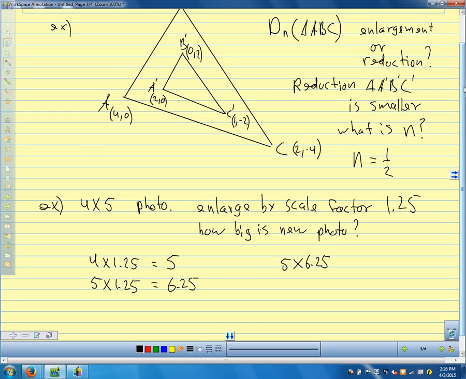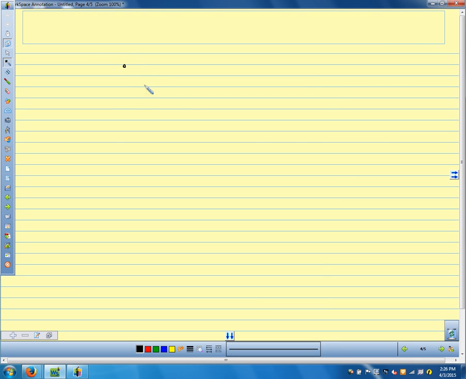Because if I just gave you a picture and said dilate that segment, without knowing where the center of dilation is, I could make the center of dilation here, here, here. I can make it on this end of the segment. If you didn't know, then you wouldn't be able to do it. So in the book, if they say dilate that segment, you're just assuming that the center of dilation is (0, 0). Okay? Just to make things easier.